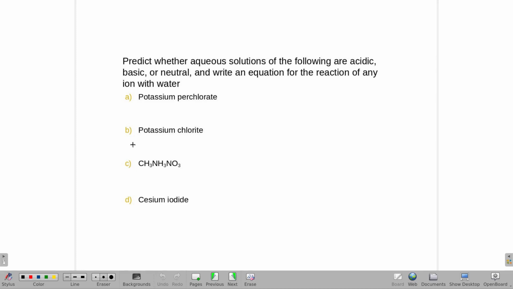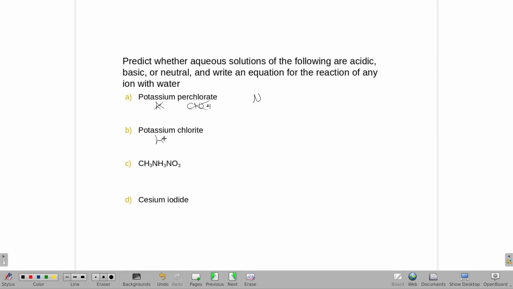Alright, let's see if we can actually predict some of these. So I've got potassium and perchlorate. Well, I know I can ignore potassium because that's part of a strong base. But is perchlorate part of a strong acid? Yes, it is. Because those both get canceled out, this stays neutral.